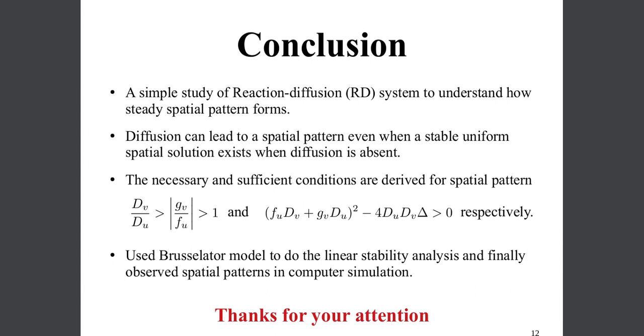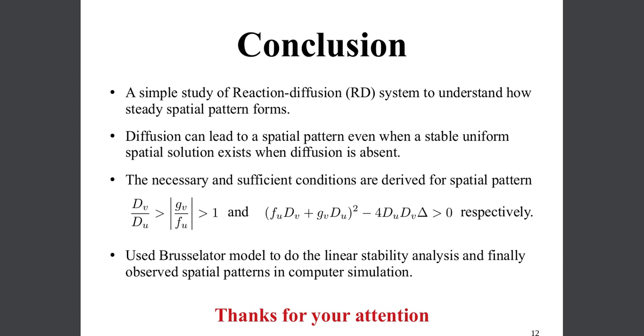Suppose in some corner of your room you have some fragrance, but after some time the fragrance molecules will diffuse to the whole room and make the concentration uniform in your room.